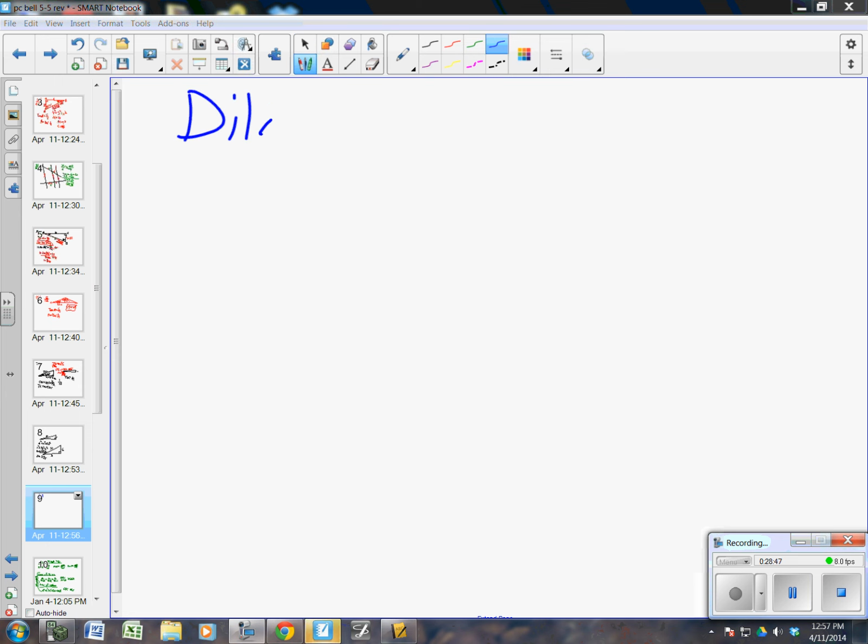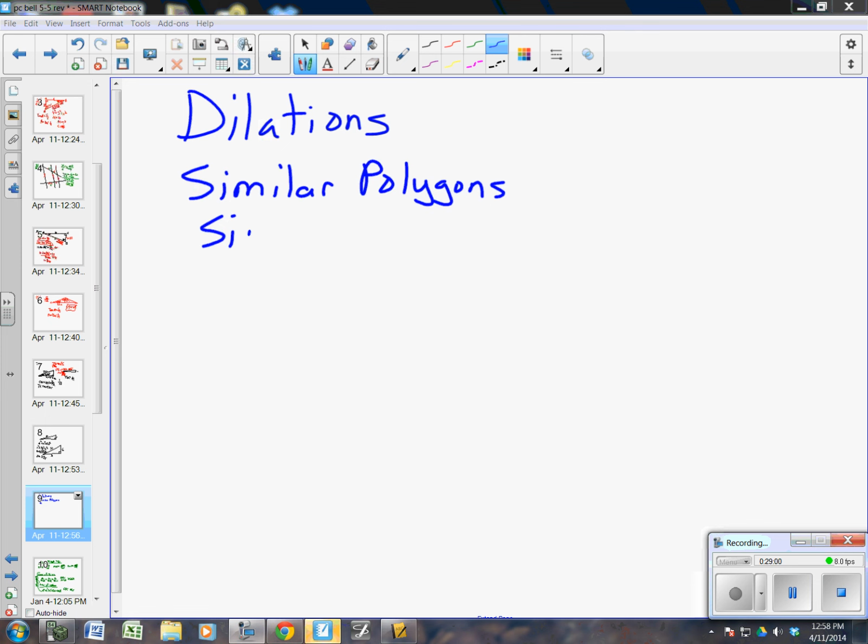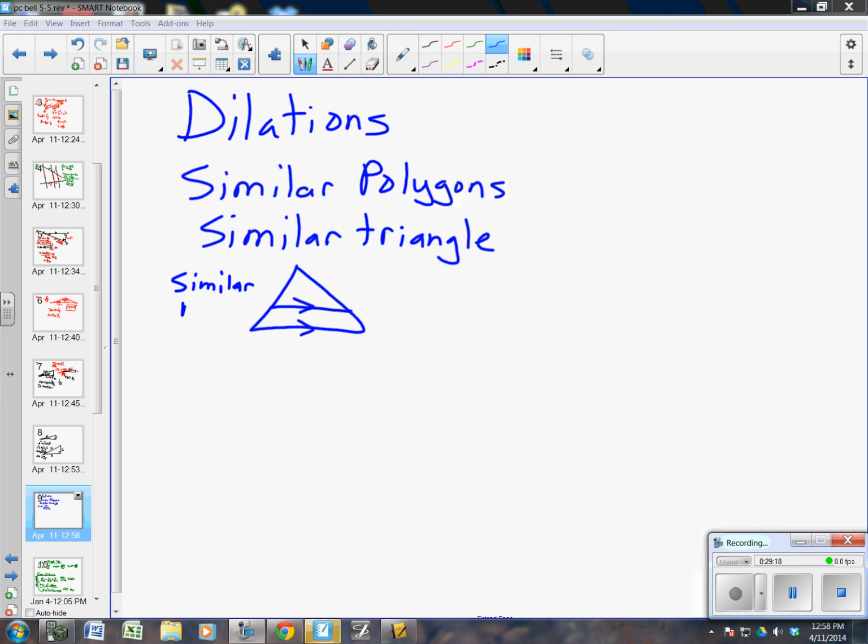You need to know dilations. That was 6.1 and 6.2. You need to know about similar polygons, similar triangles, and when you draw a line parallel to a third side of a triangle, so that creates similar polygons.